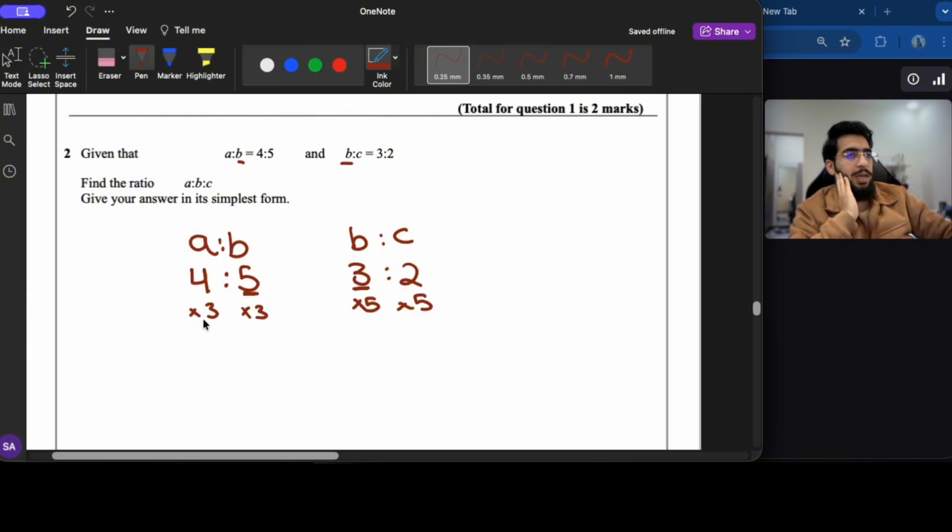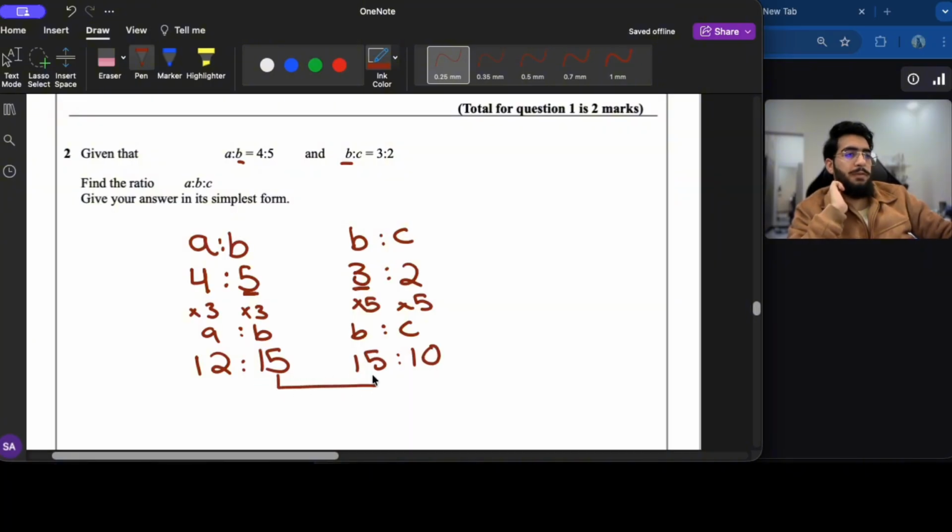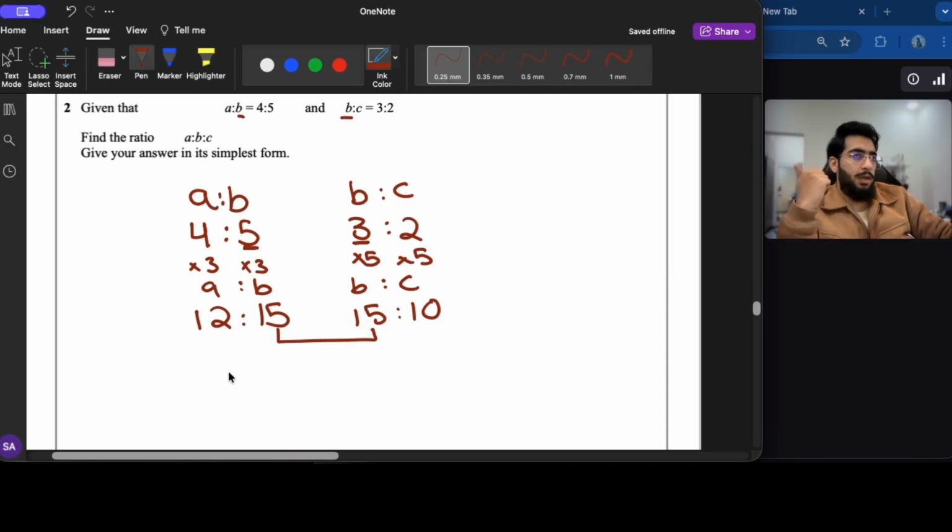That will become 12 ratio 15 for A ratio B, and then B ratio C will become 15 ratio 10. Now, since I see that the 15s match, the B values are matching, I can just compress it and write it into a single ratio form. A ratio B ratio C would just become 12 ratio 15 ratio 10.